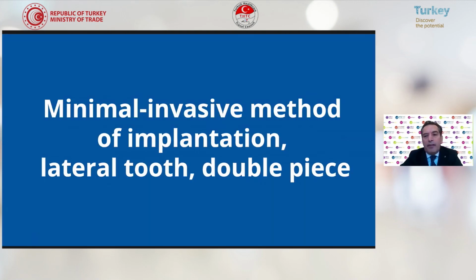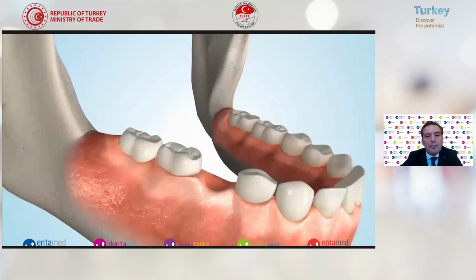And there is another way to make the implant. We call it the minimal-invasive method, because this method is really very, very important, because we always want to work with the patient in a minimal invasive way. In this way, we don't make any drilling or anything.